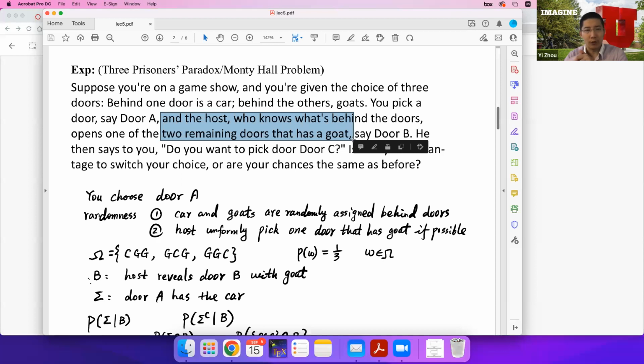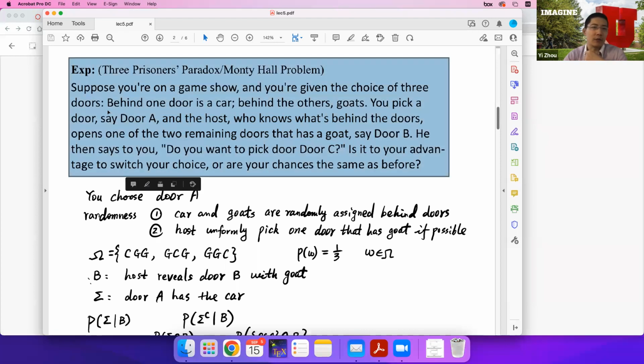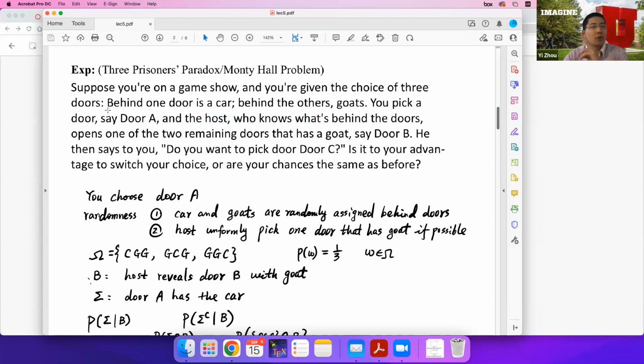Suppose you choose the ghost, then for the rest of 2 doors, one has a car, one has a ghost. The host can only choose to reveal the one with the ghost. But in the case when you happen to choose the car at the first time, then the rest of the 2 doors, both of them will have a ghost behind them. So in that case, the host will randomly pick one of the doors to reveal between these 2 doors. So here there's an additional randomness.